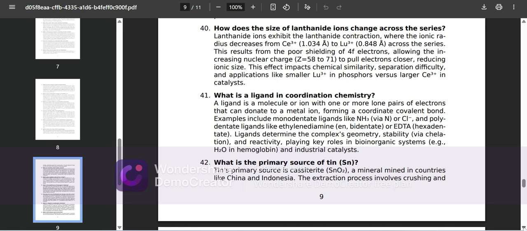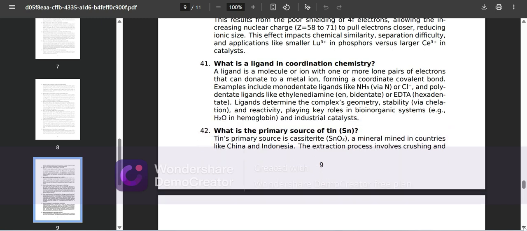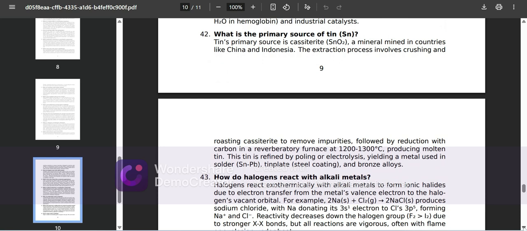Ligands determine the complex geometry, stability via chelation, and reactivity, playing a key role in inorganic systems. Examples are heme in hemoglobin and industrial catalysts.